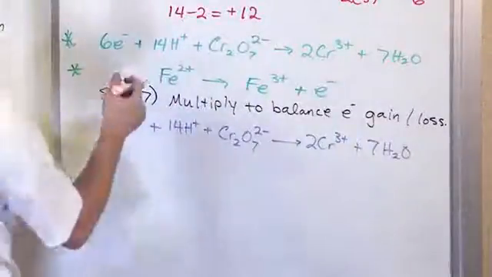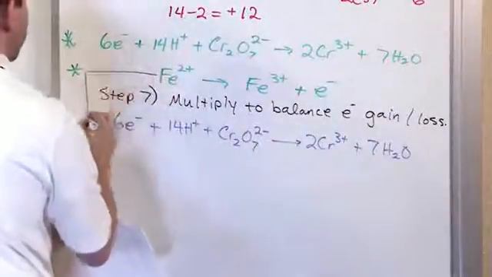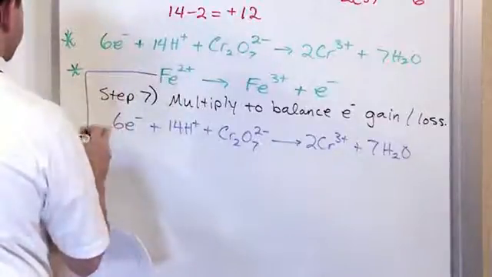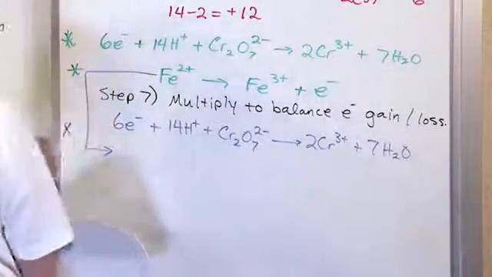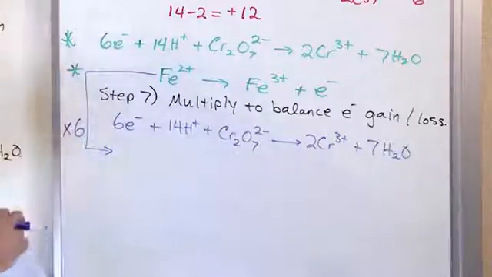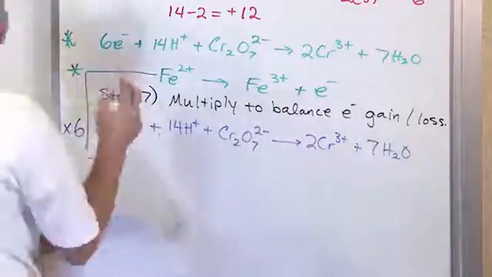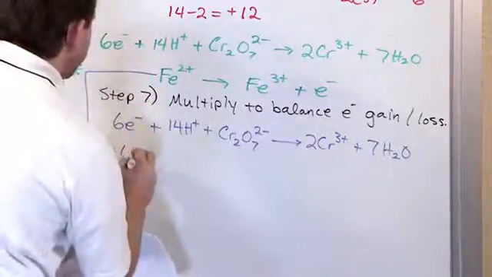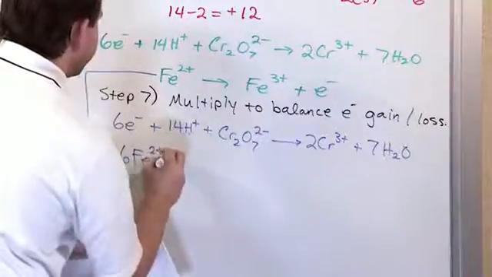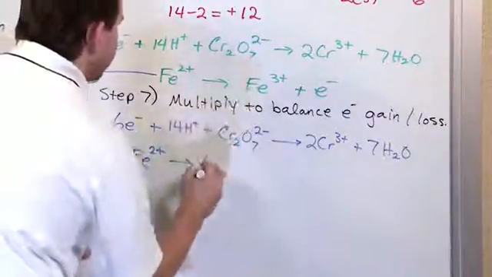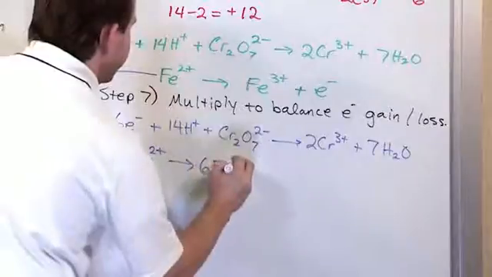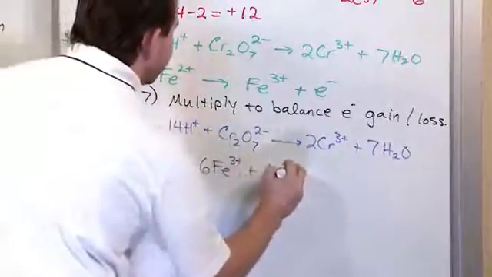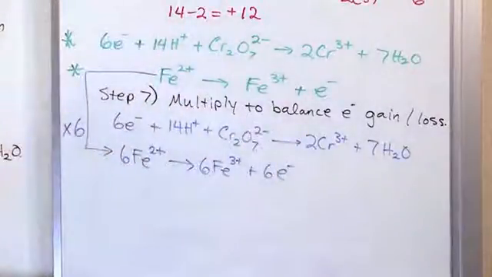And then what I'm going to do here is take this reaction, I'm going to draw a little arrow, and I'm going to multiply this equation by 6. I'm going to have 6 Fe2+ yields 6 Fe3+ and 6 electrons. All right.